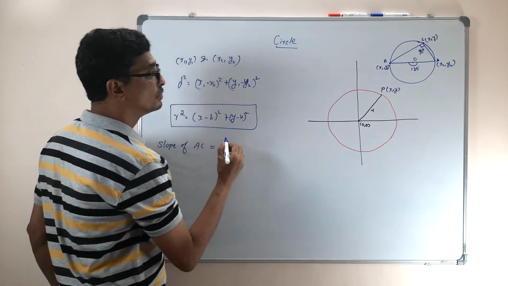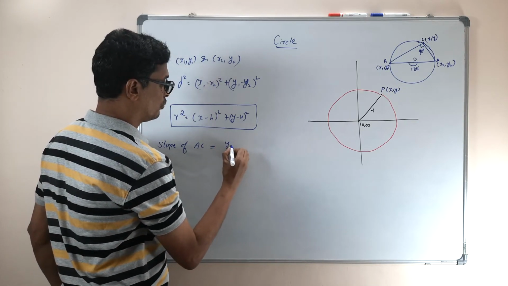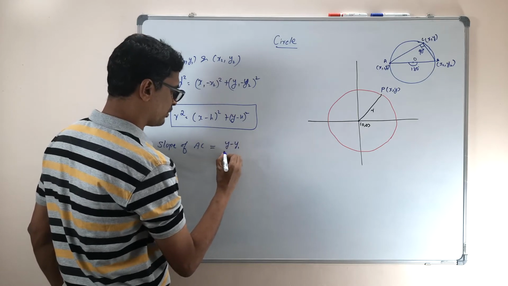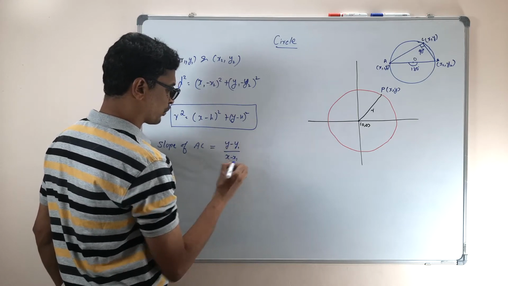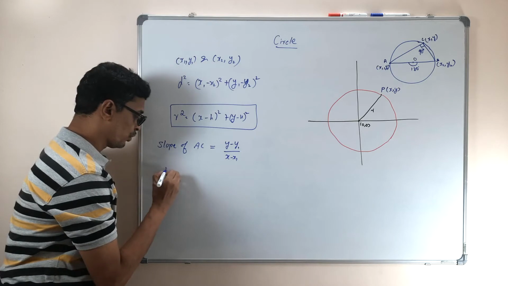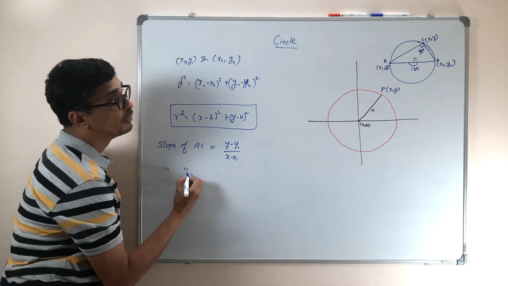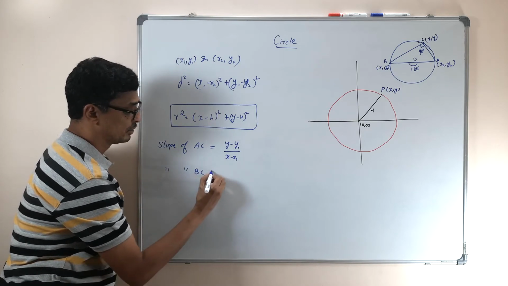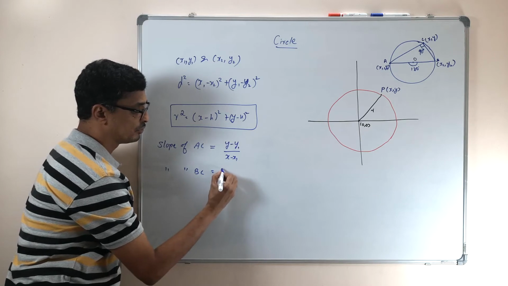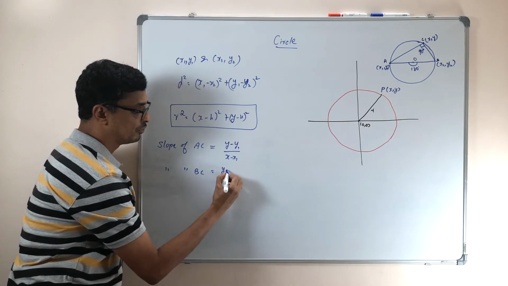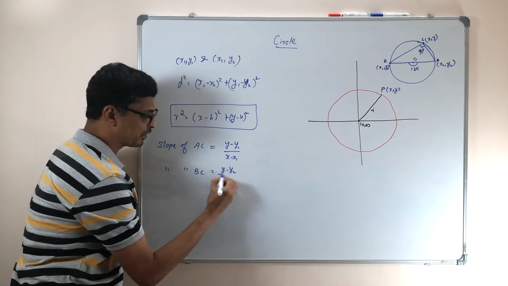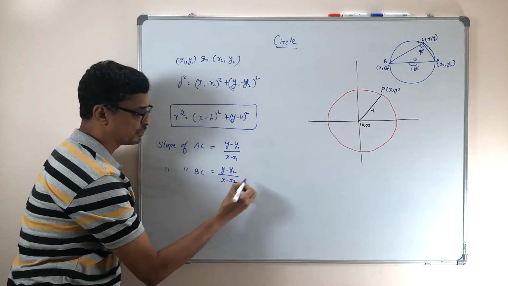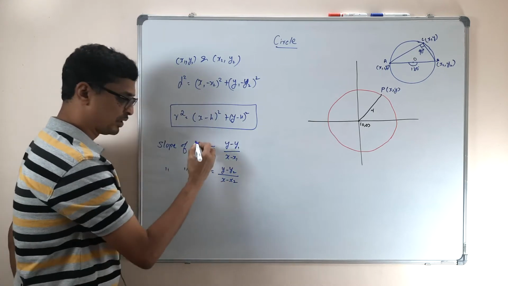Okay, fine. y minus y1 divided by x minus x1. Okay, slope of which one? BC. That will be y minus y2 divided by x minus x2. Okay, this slope.